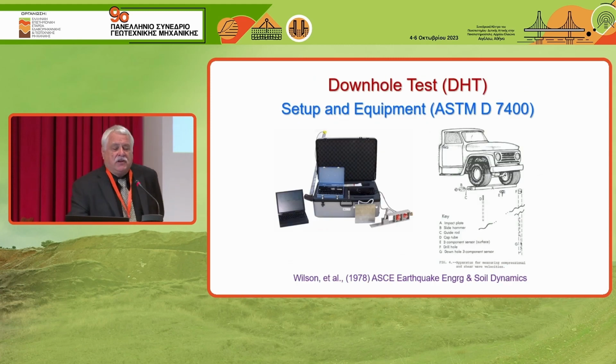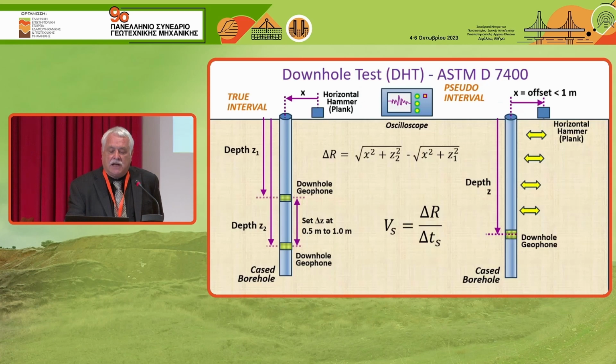Now that's very expensive to install 3 cased boreholes, so we came up with a less expensive, more economical downhole test. In the United States, we use ASTM standard D7400. We might put the source at the surface, a horizontal plank under the wheels of a vehicle, or just a piece of timber, and strike it on the left side and/or the right side.